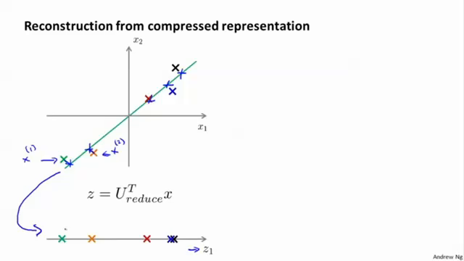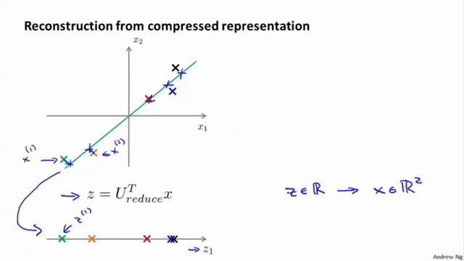So given a point Z1, how can we go back to this original two-dimensional space? In particular, given a point Z in R, can we map this back to some approximate representation X in R2 of whatever the original value of the data was?